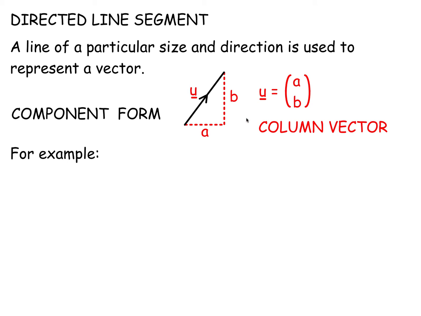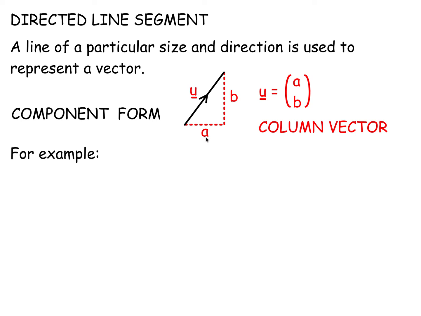Because we're working in two dimensions with x and y axes, that's the x direction horizontally and the y direction vertically, we can give the vector as a column vector, where we say the number of units you move horizontally in the x direction.